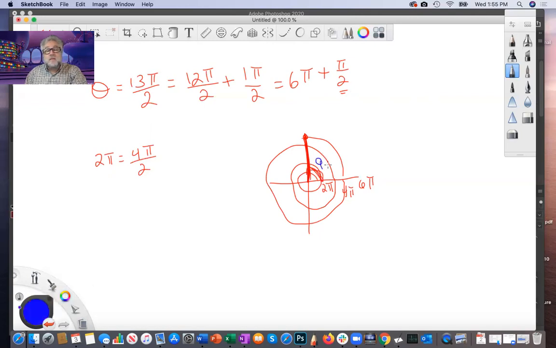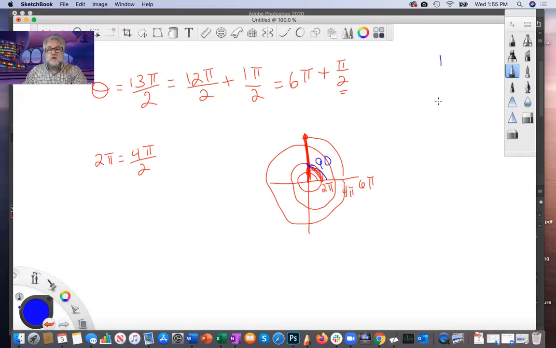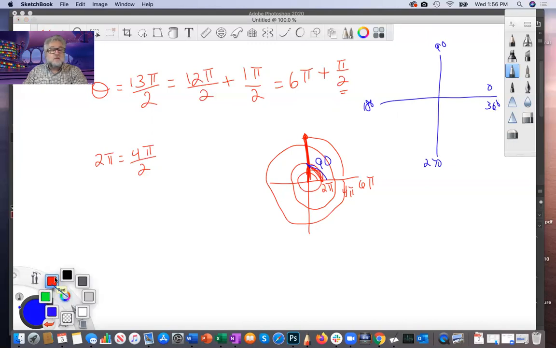We went 3 times around and then did 90 degrees because pi over 2 is, I want to keep reminding you, 0, 90, 180, 270, 360, and 0, pi over 2, pi, 3 pi over 2, and 2 pi. We've got to keep remembering those. So we did 3 times around and then an extra pi over 2, an extra 90 degrees. So we ended up on the positive y-axis.